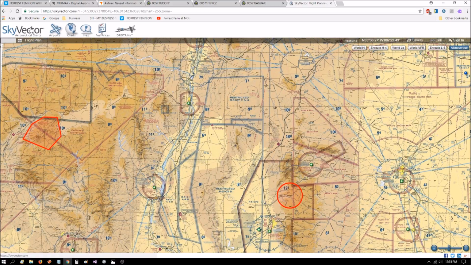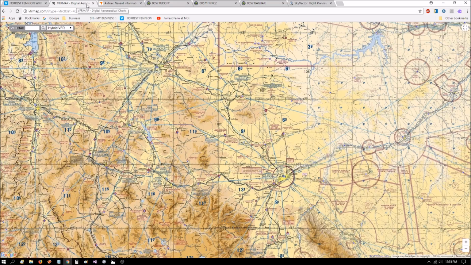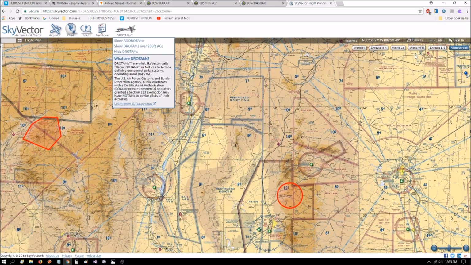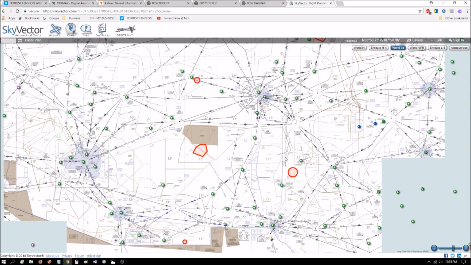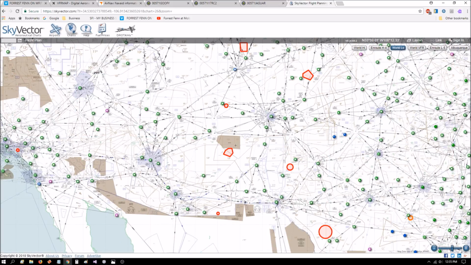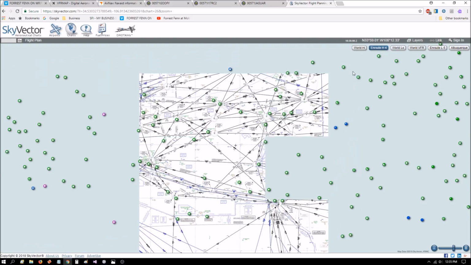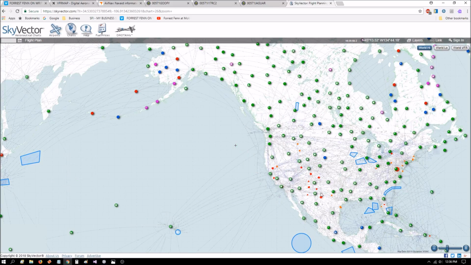You'll see SkyVector is actually using the same map that I took you to here in VFRmap.com. But SkyVector also shows you the low altitude and high altitude airways. I mean, these are all the airways in the United States.